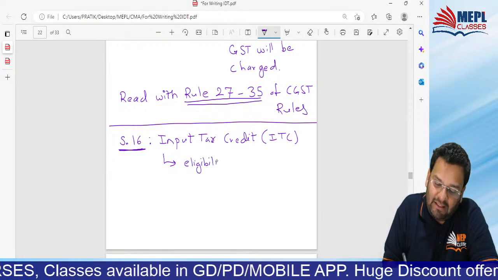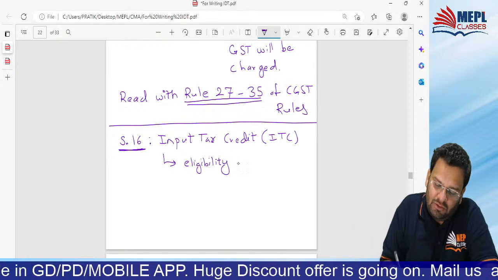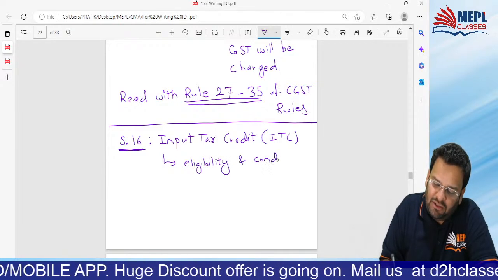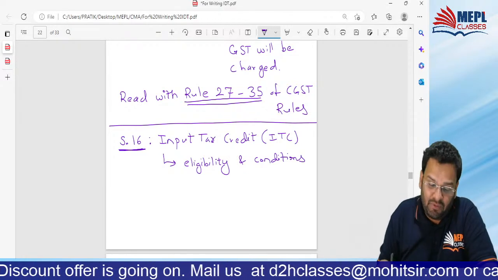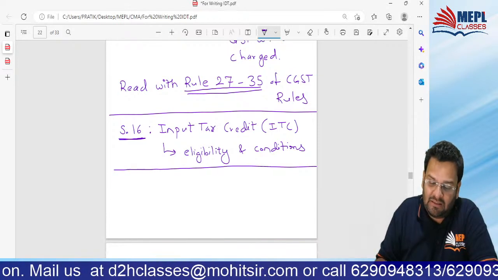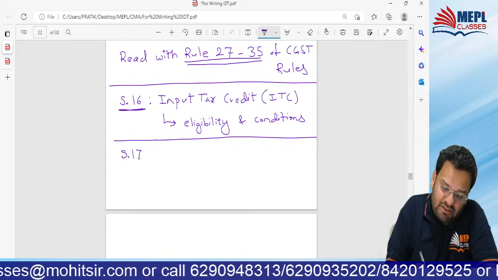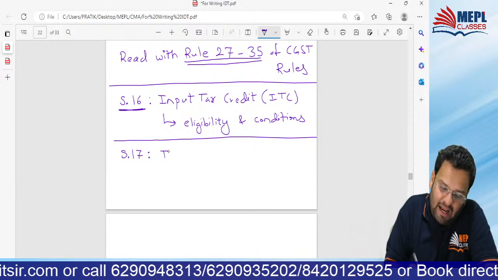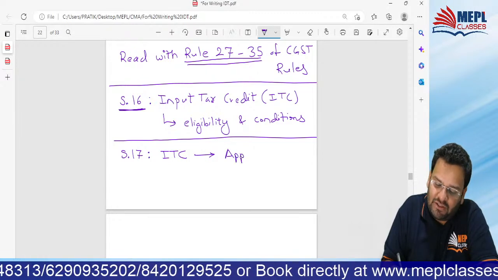Who can take ITC? And what are the conditions to take ITC? Those are discussed in section 16: ITC eligibility and conditions.